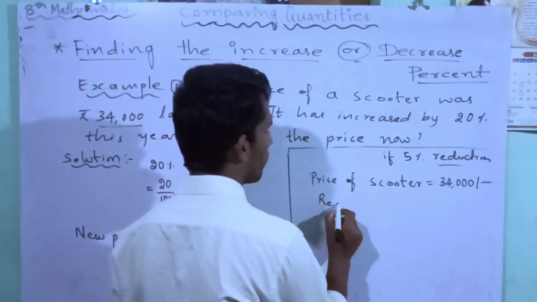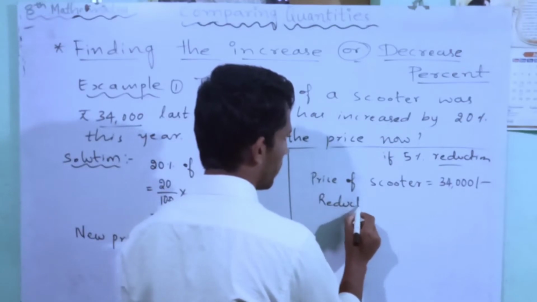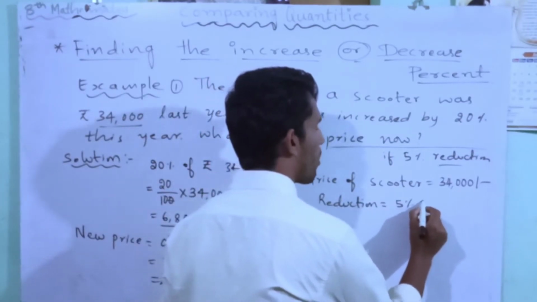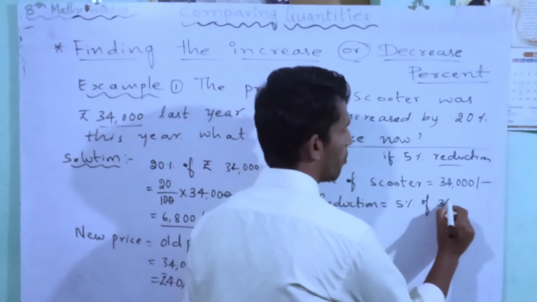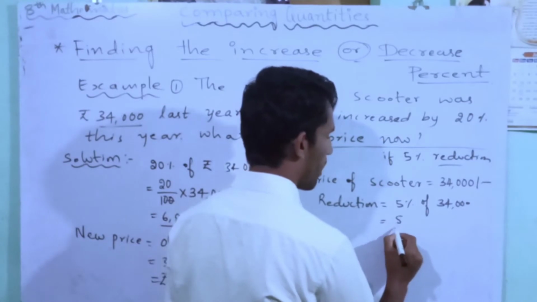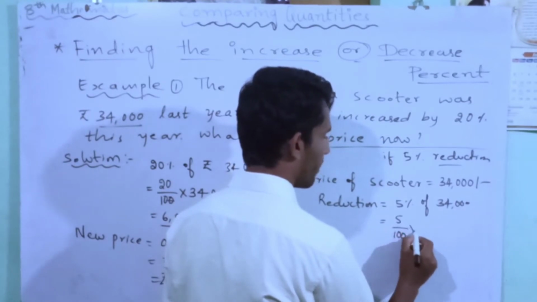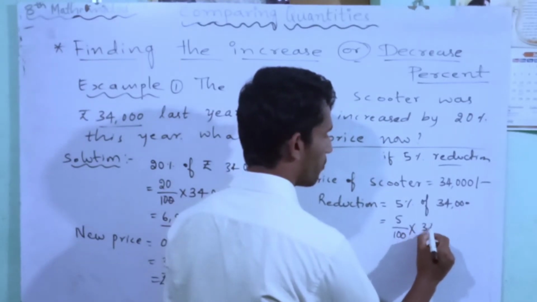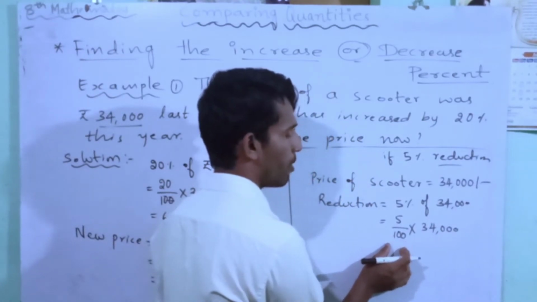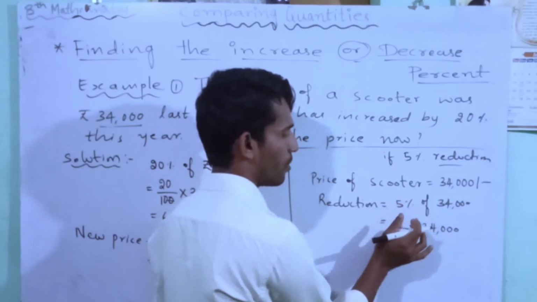Next, the reduction given here is 5% of 34,000 rupees. Now we can write it like this: 5 by 100 into 34,000 rupees. Dear student, I am taking 100 here because we have a percent.